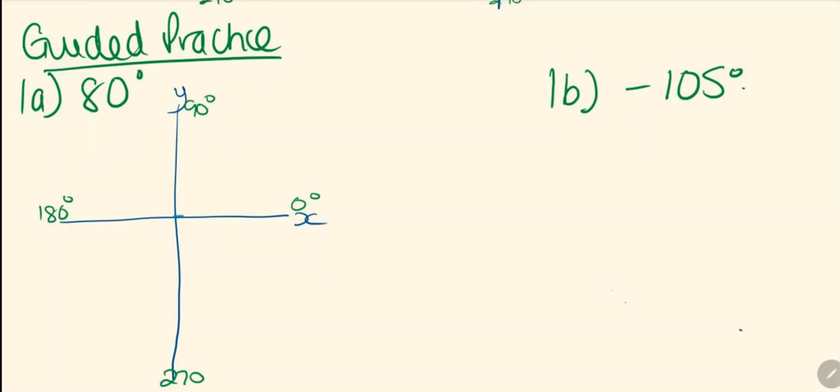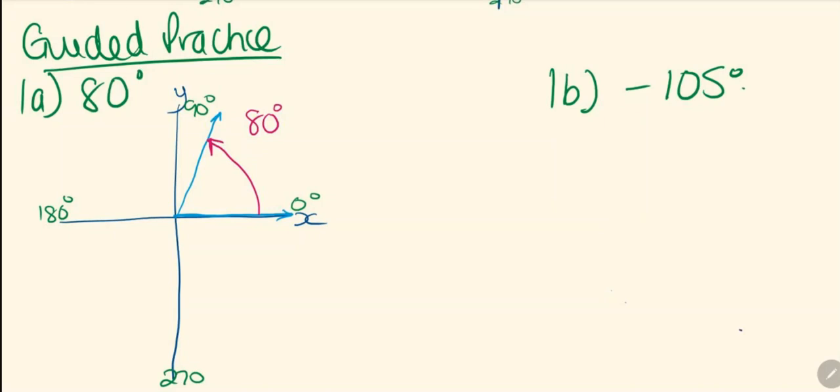Our angle is going to start from 0 and it's not quite going to reach 90. So this angle here is positive. This is counterclockwise. And this is 80 degrees.